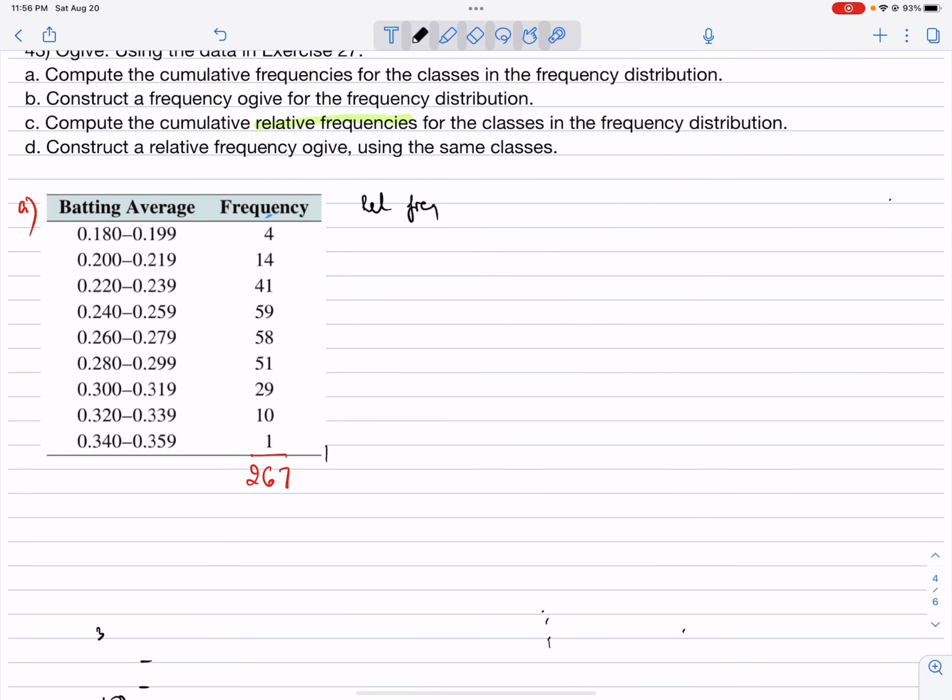Relative frequency, we will do 4 divided by the total number, 267. 14 divided by 267. 41 divided by 267. 59 over 267, and so on. Okay, then you got these numbers.